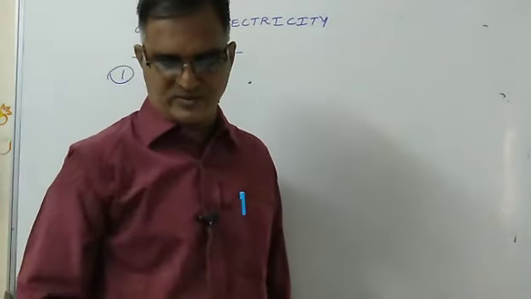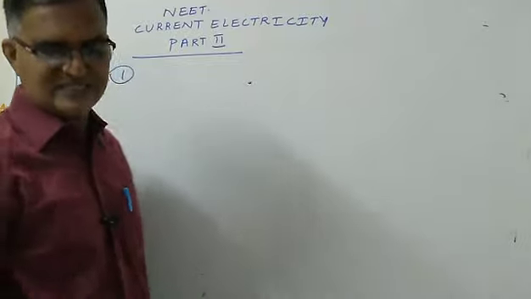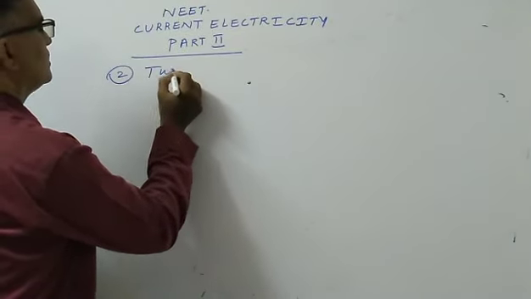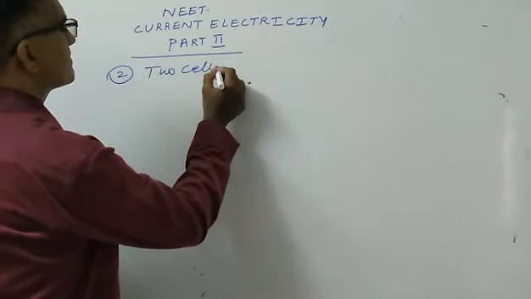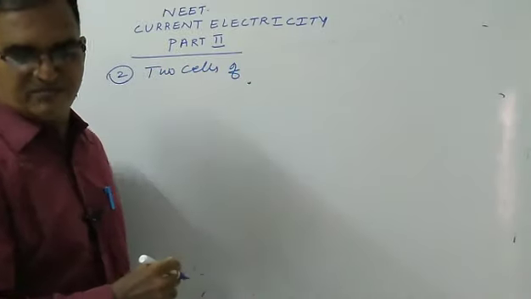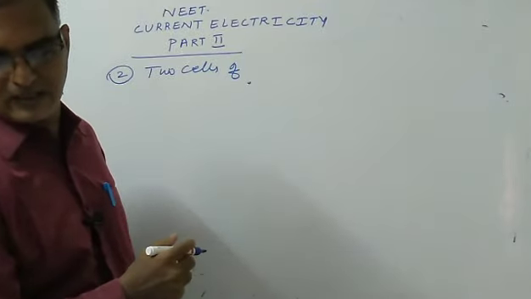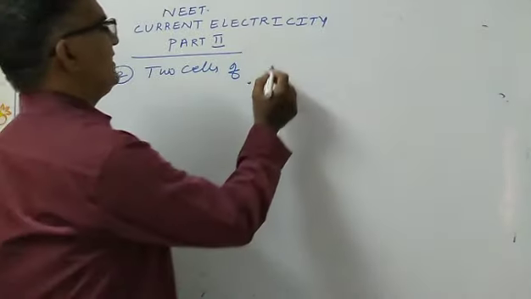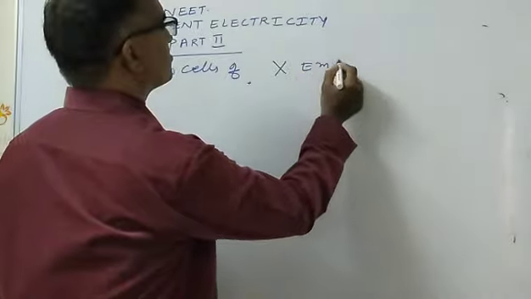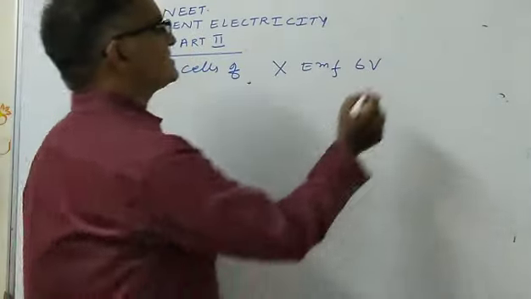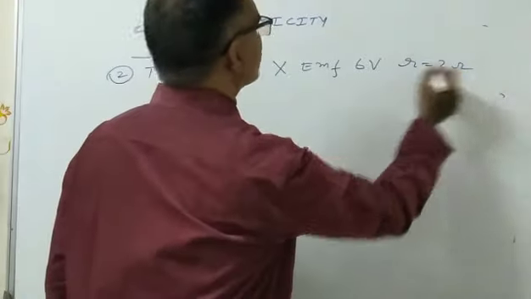The second problem is two cells of EMFs, two cells X and Y. X has EMF 6 volts, internal resistance 2 ohms.